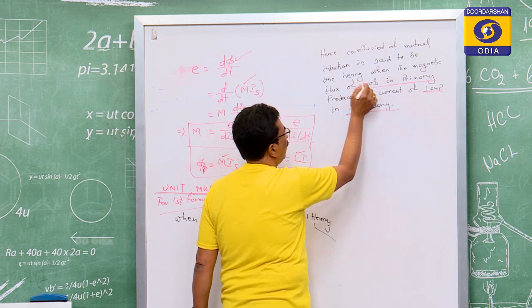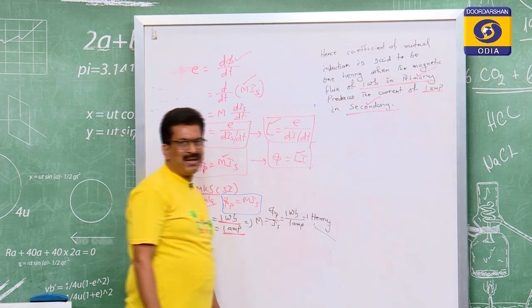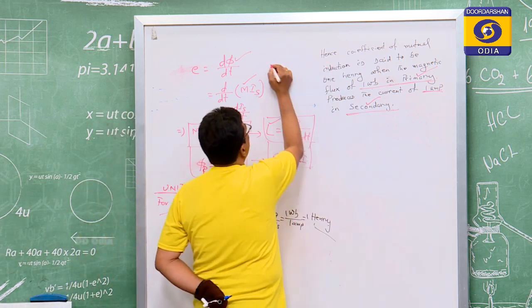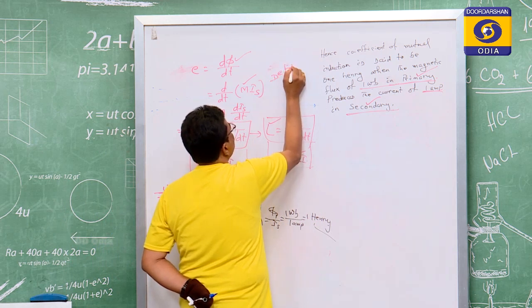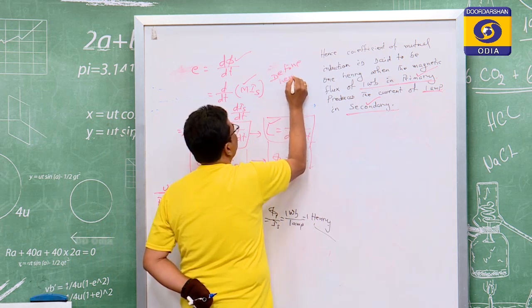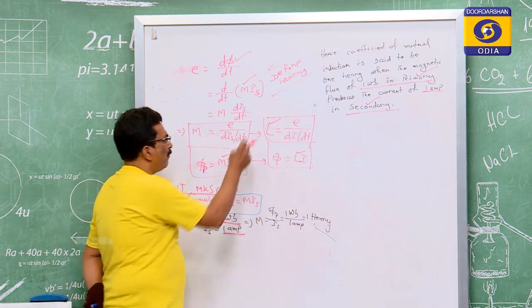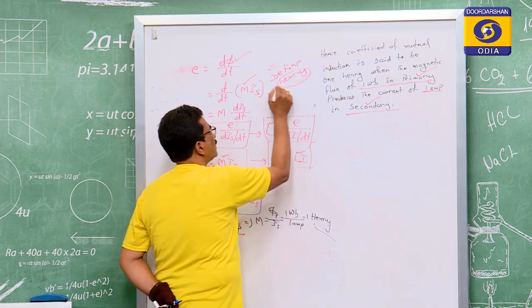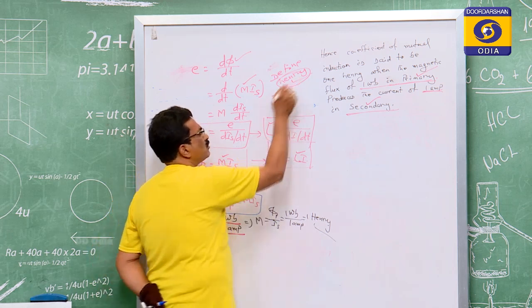As I said, for the mutual one, you have to mention the two terms, primary and secondary. But if the question is only to define Henry, for self induction we defined the coefficient of self inductance as the Henry, and for mutual induction, that is also the Henry.